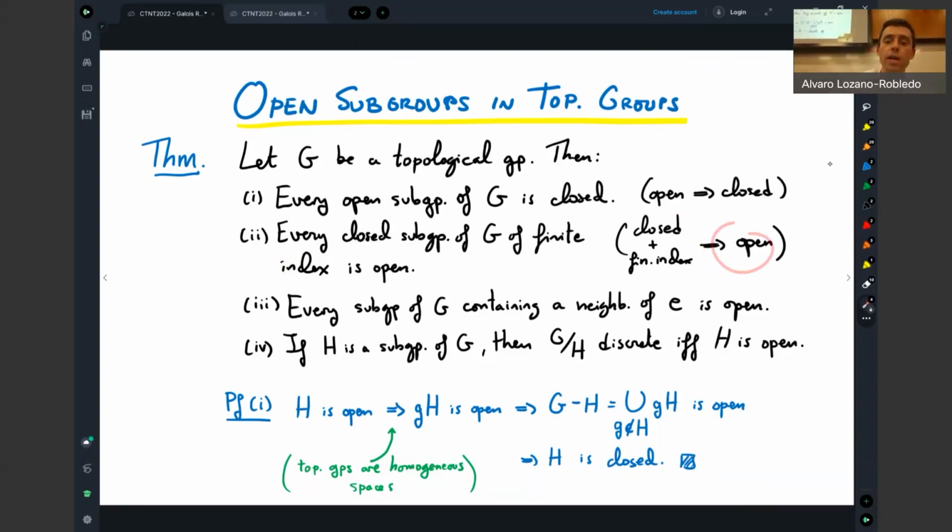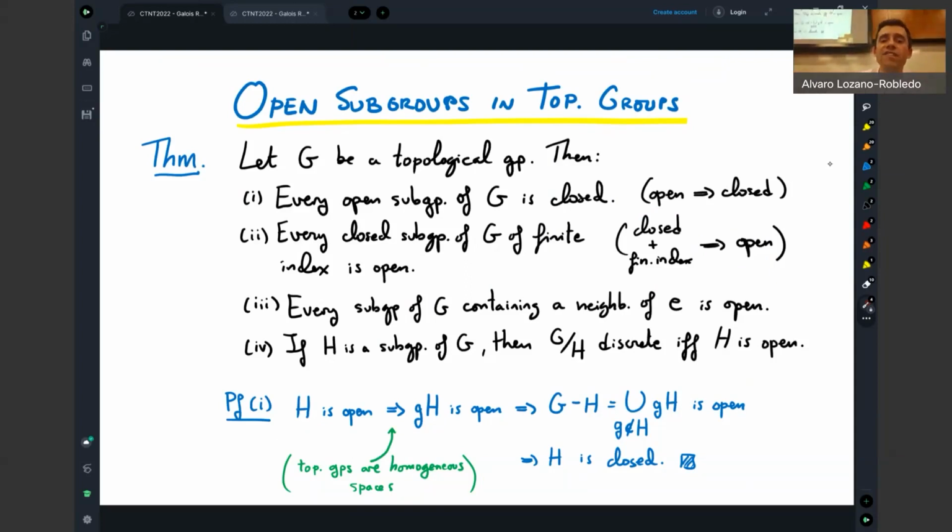Another thing: when I was talking about homogeneous spaces, what I wanted to say is that since everything looks the same regardless of where I am in the group, most of the time we just look at the topology around the identity. So we want to know which open subgroups contain the identity. And those open subgroups actually determine the topology on a topological group because of this property.